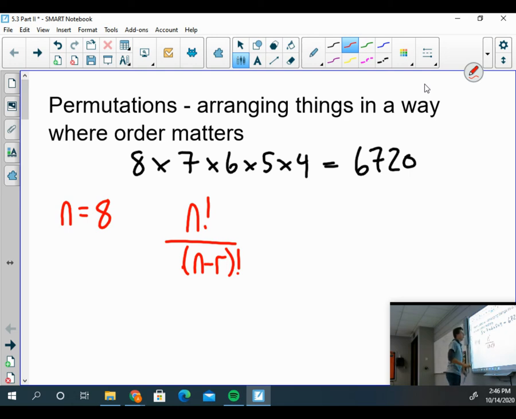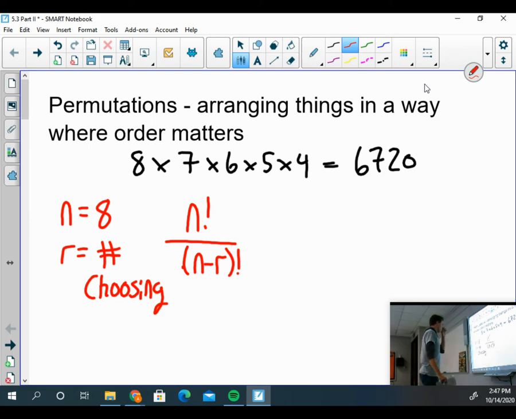It's the total amount of options we're looking at here. R, on the other hand, is the number we're interested in, or the number we're choosing. So here, we have 8 people, but we only are going to seat 5 of them.